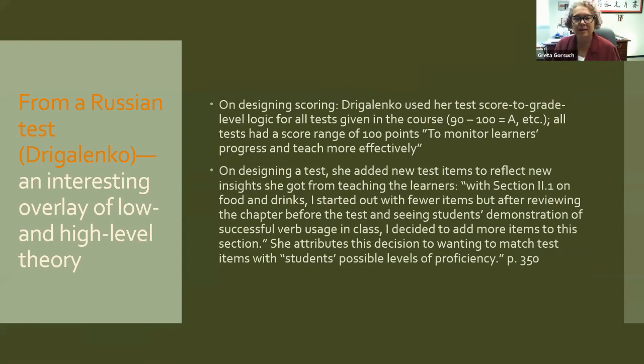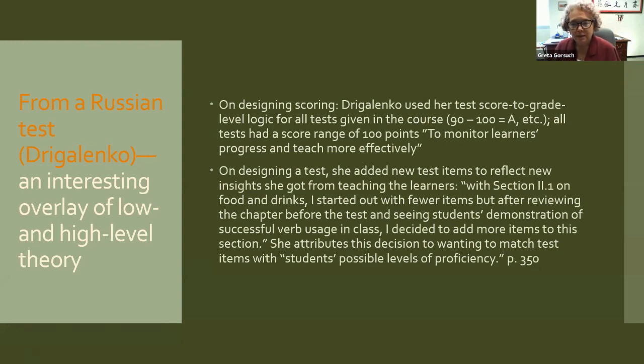In designing the scoring, which she was very concerned about, she used her test score to grade level logic for all tests given in the course. So every CRT she made was scored this way. She wanted to have 90 to 100 equaling an A, and so on and so forth. All her tests, every one she made, had a score range of 100 points in order to monitor learners' progress and to teach more effectively.